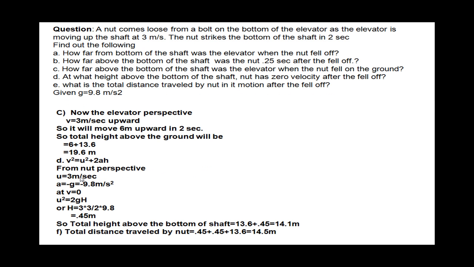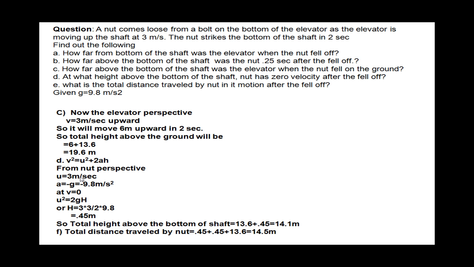Now let's go to the third question. How far above the bottom of the shaft was the elevator when the nut hit the ground? Now we are talking about the elevator, whereas in the earlier two questions we were talking about the nut. From the shaft's point of view, the initial velocity is 3 meters per second upward and there's no acceleration.